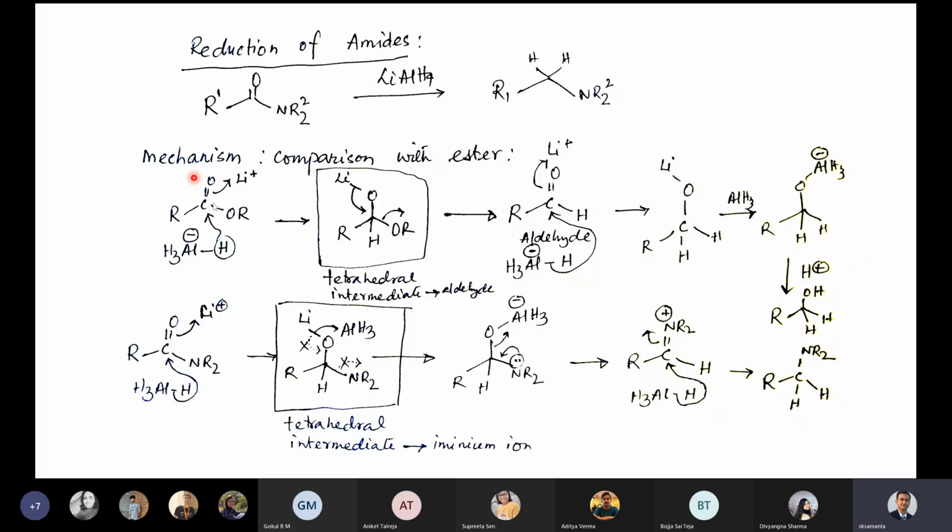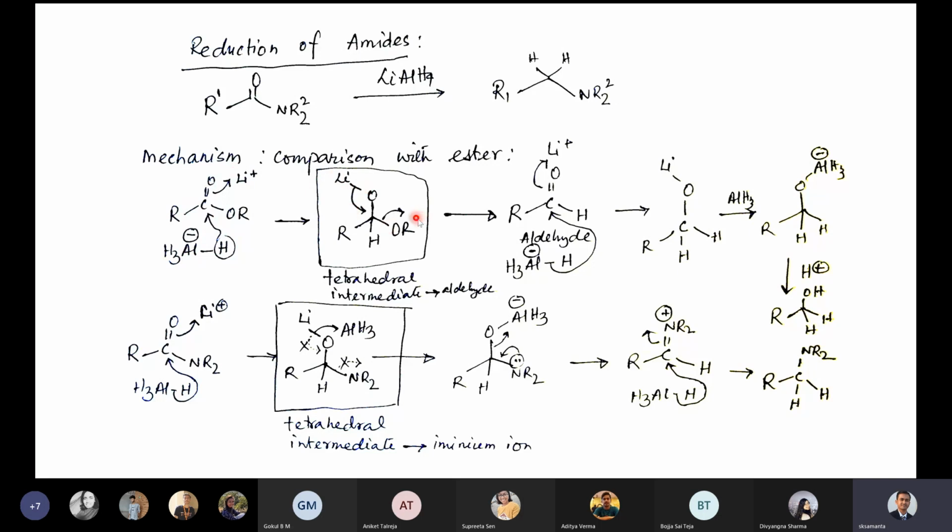First let's see again how this reduction takes place with the ester. In case of ester, one hydride reacts here. The lithium plus first coordinates here, and then this lithium gets exchanged with AlH3 as we have seen. Then this bond breaks and OR minus leaves.